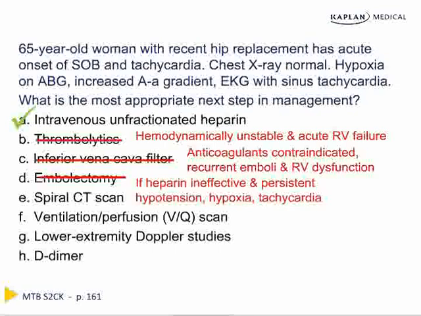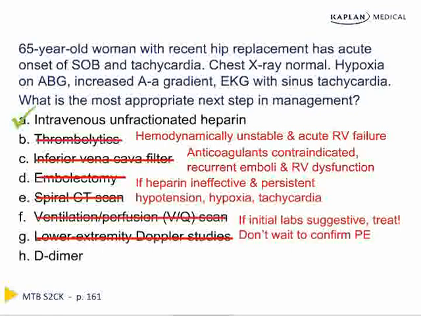Embolectomy is only reserved for very severe cases, and a spiral CT, VQ scan, or Dopplers are not indicated at this point in time. Remember, if the history and exam are extremely indicative of PE, you start treatment before going to a confirmatory test. Lastly, the D-dimer, while extremely sensitive, has extremely poor specificity.